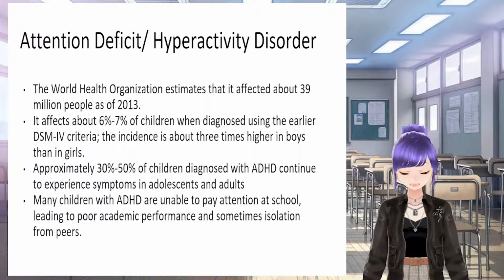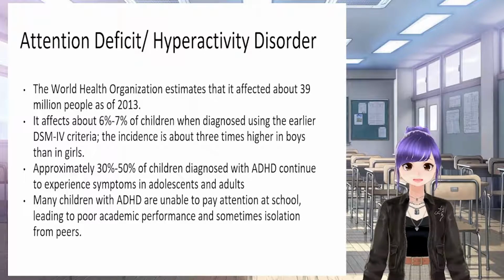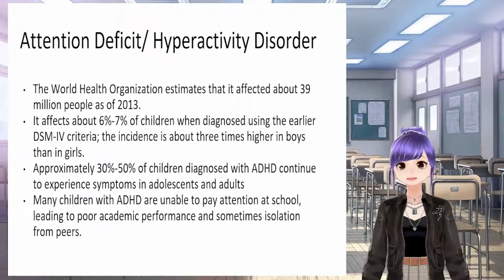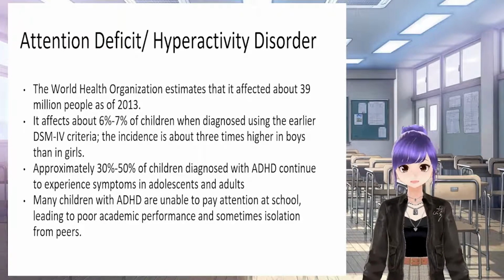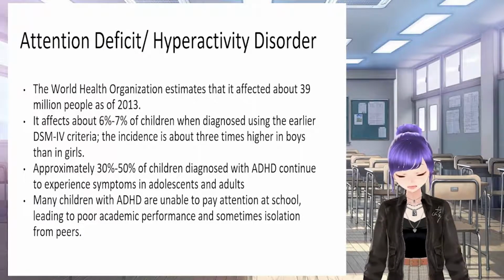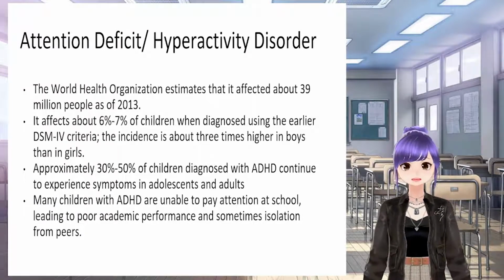The incidence is about 3 times higher in boys than in girls. And approximately 30 to 50% of children diagnosed with ADHD continue to experience symptoms in adolescence and adulthood. Many children with ADHD are unable to pay attention at school, leading to poor academic performance and sometimes isolation from peers.